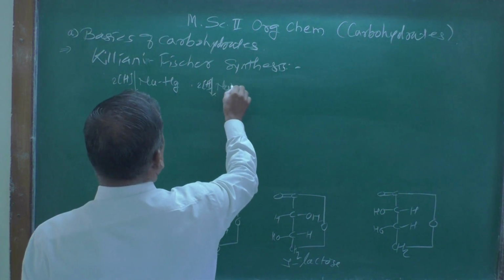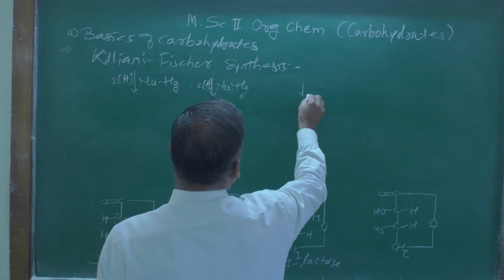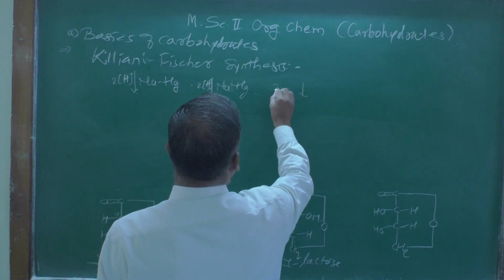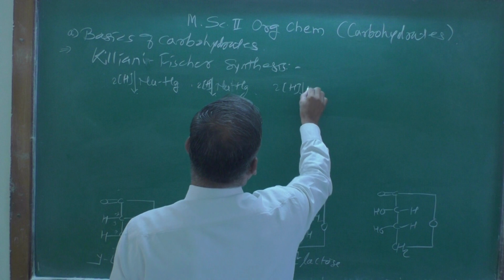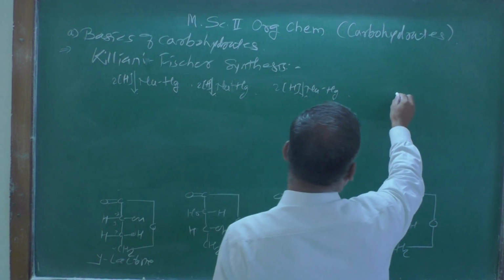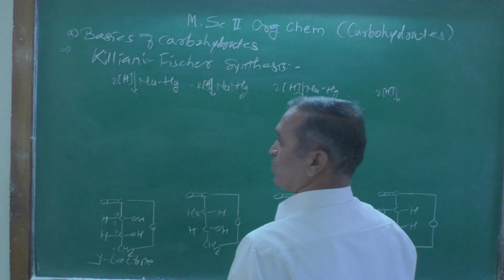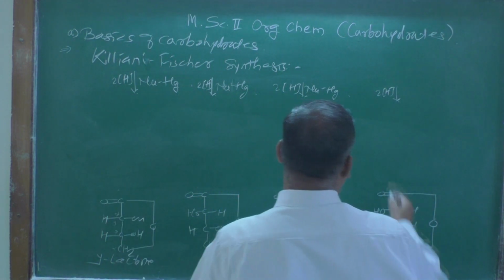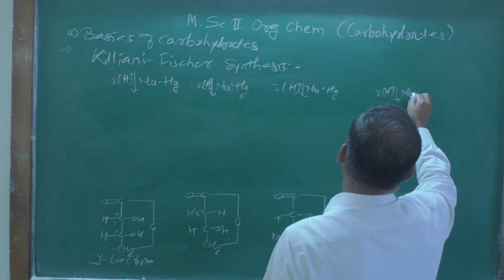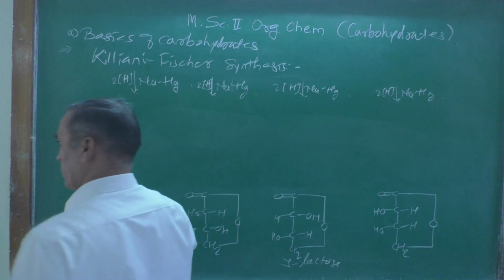This is Na, sodium amalgam. Same here again, I am going to use nascent hydrogen atom, sodium amalgam. Here again as 2H, meaning this type of hydrogen atom or nascent hydrogen, from sodium amalgam, which I am going to use over here.